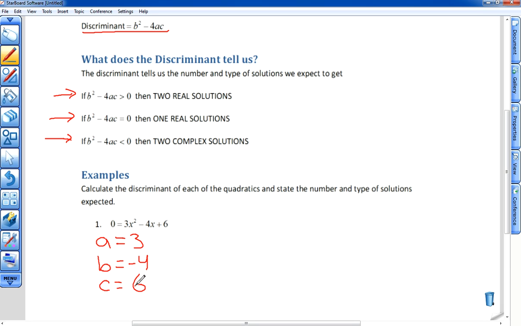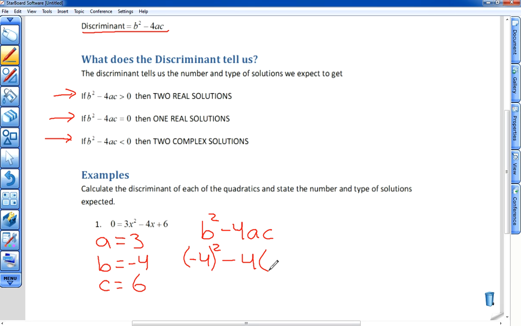Now the discriminant, as we've seen, is calculated by doing b squared minus 4ac. Our b value is negative 4, so that's negative 4, put that in parentheses, squared, minus 4 times a.